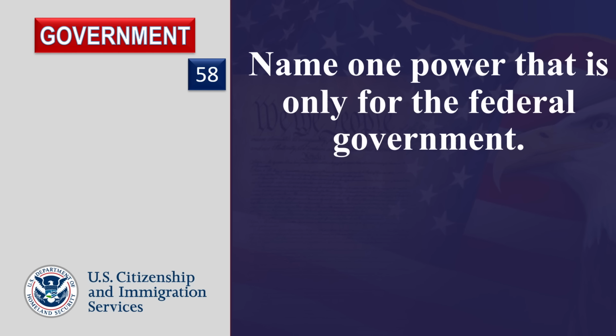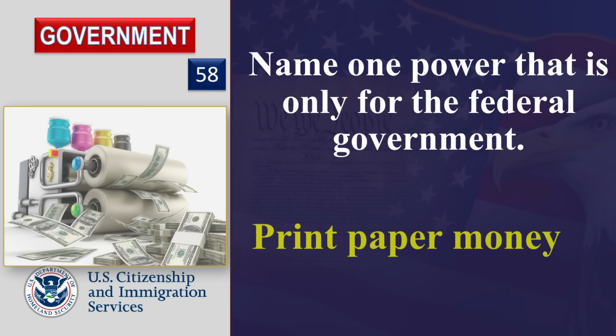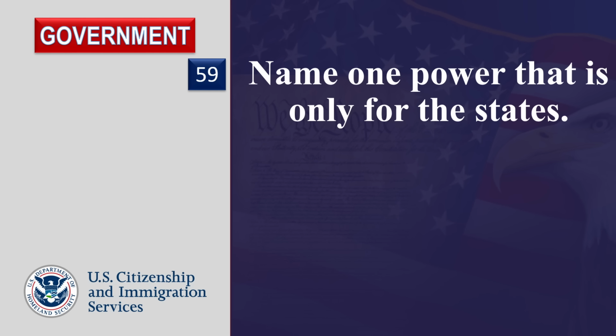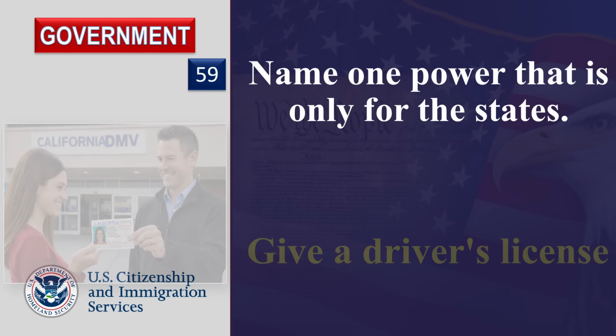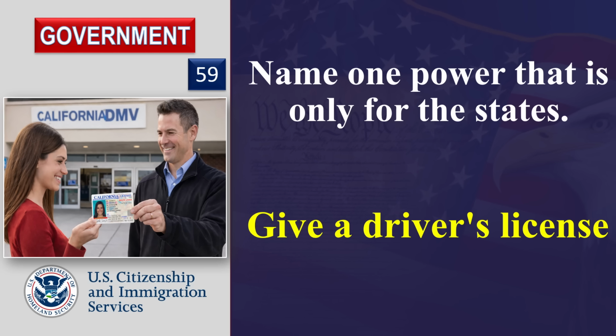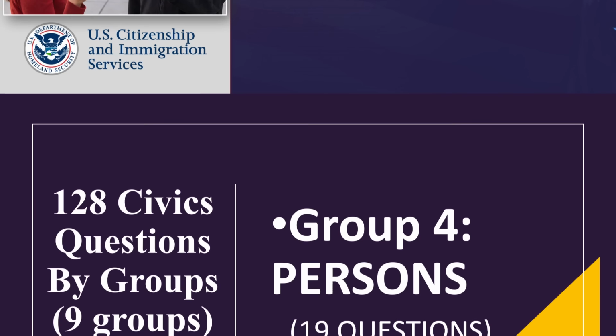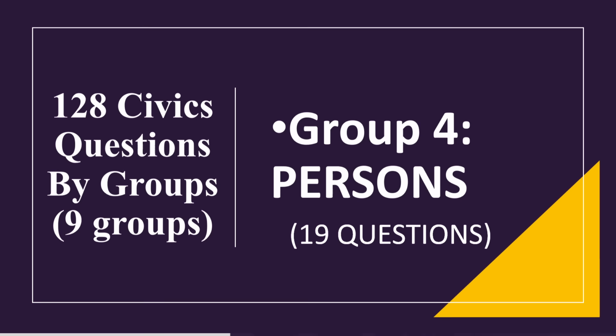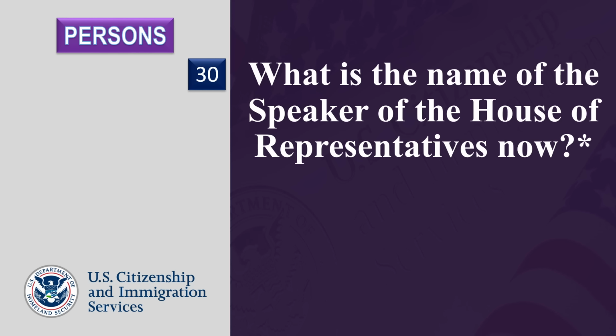Name one power that is only for the federal government. Print paper money. Name one power that is only for the states. Give a driver's license. Group 4, people. What is the name of the Speaker of the House of Representatives now?